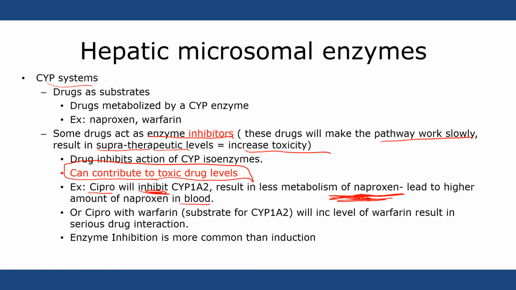Now, you can only imagine, from a practical standpoint, let's say you have a client who has been taking naproxen for the past several months. Let's say you have a 65-year-old male with chronic back pain, who has been taking naproxen for the past 6 months, and today he has, let's say, a UTI or some kind of infection.